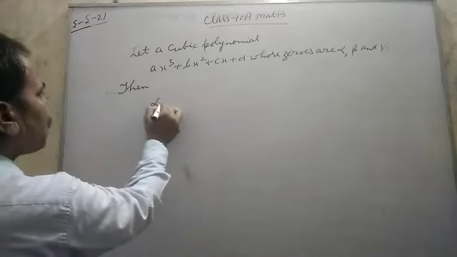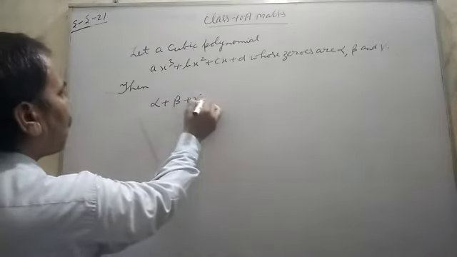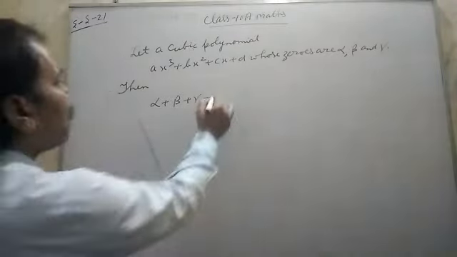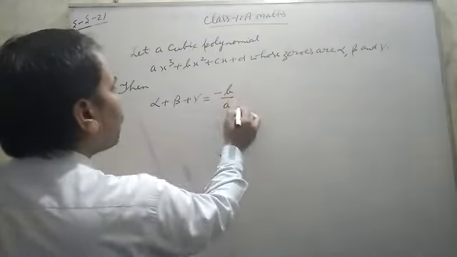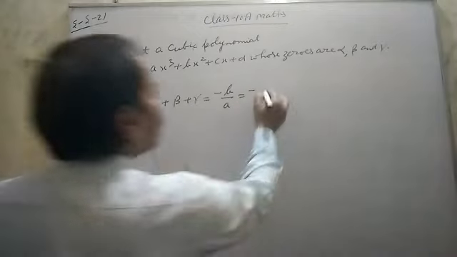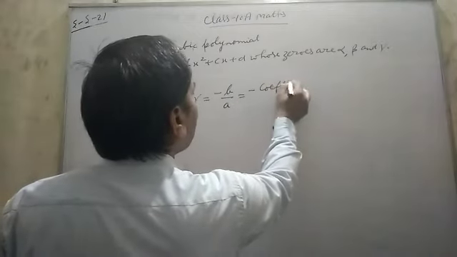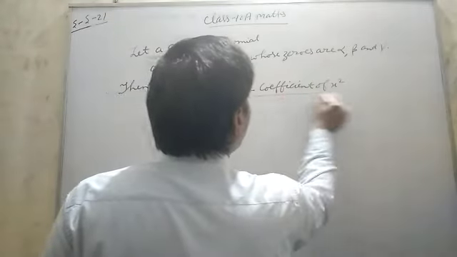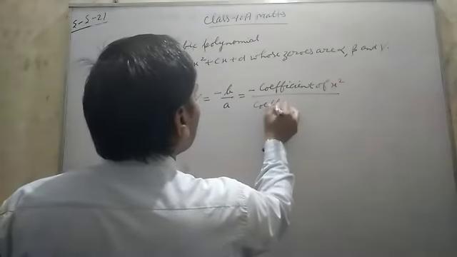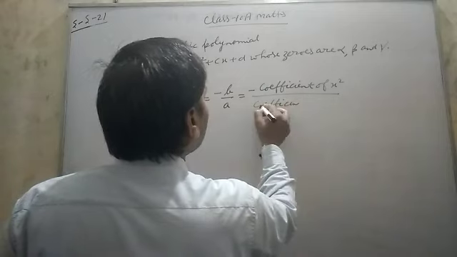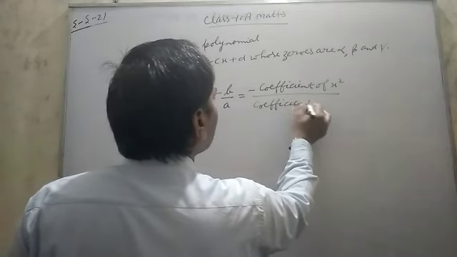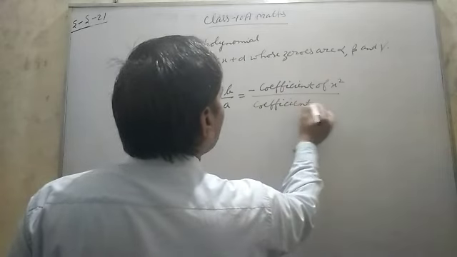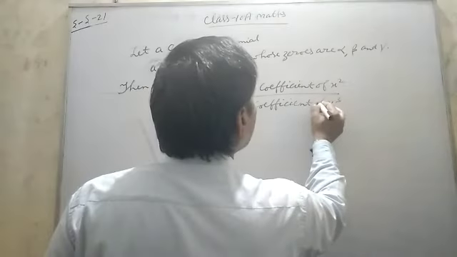Sum of zeros means alpha plus beta plus gamma, and the sum of zeros is equal to the formula minus b upon a, and b is coefficient of x square. Coefficient of x square upon a means coefficient of x cube.